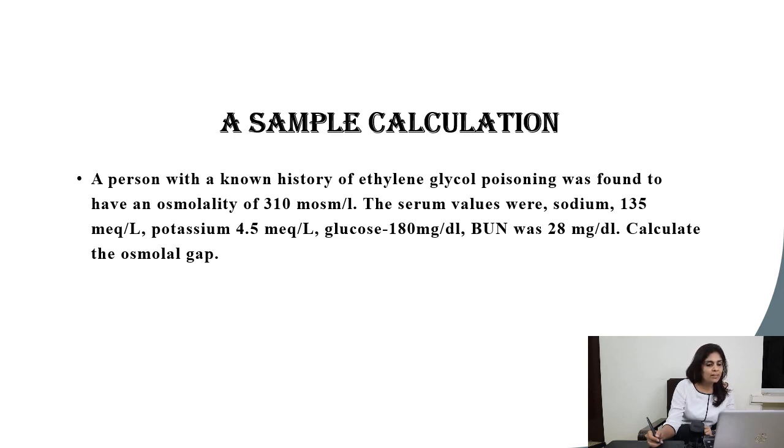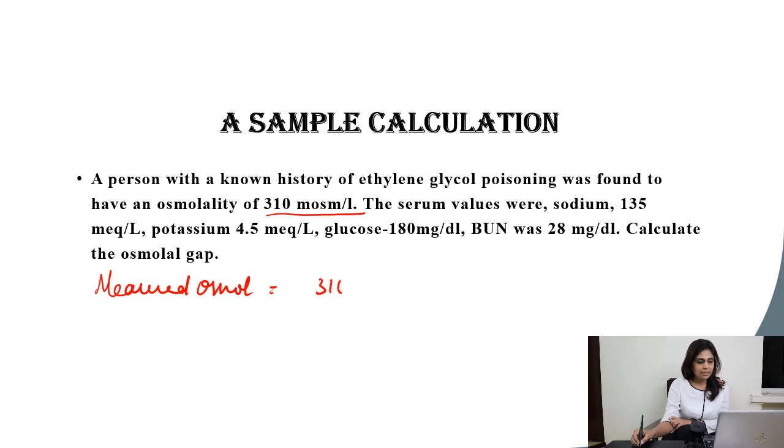This will help you understand what we have discussed so far clearly. A person with a known history of ethylene glycol poisoning was found to have an osmolality of 310 milliosmoles per liter, which means measured osmolality is 310 milliosmoles per liter.